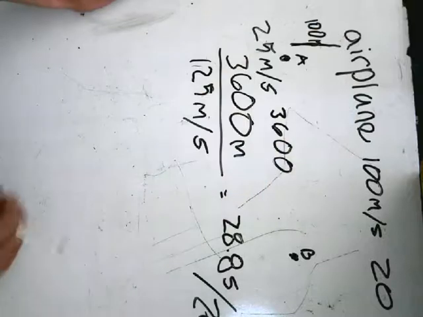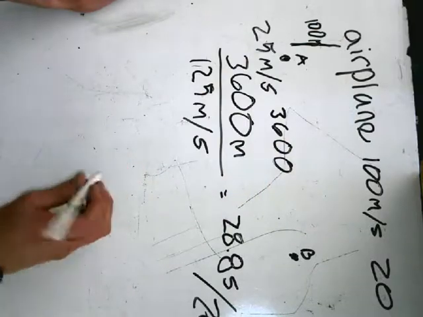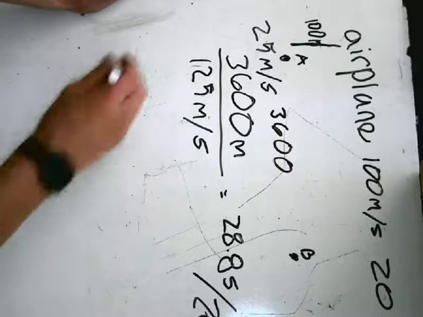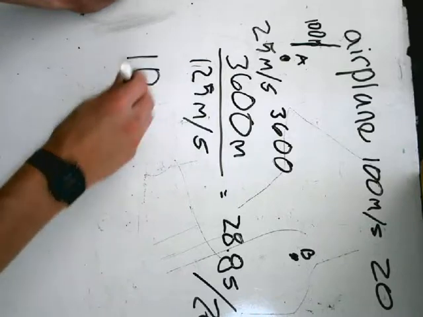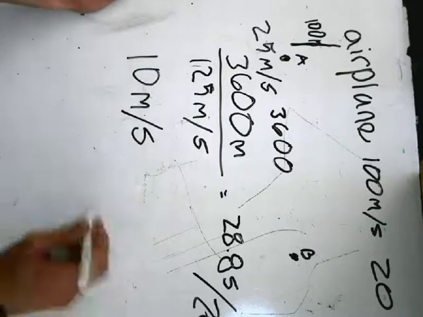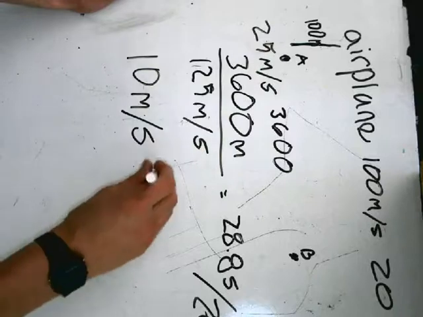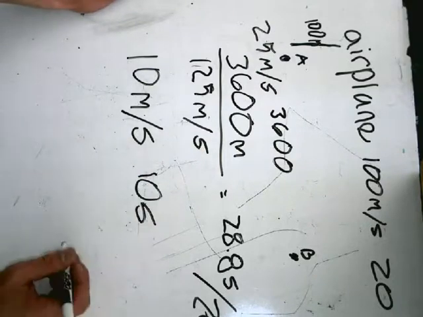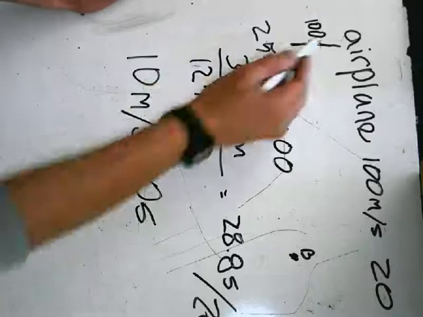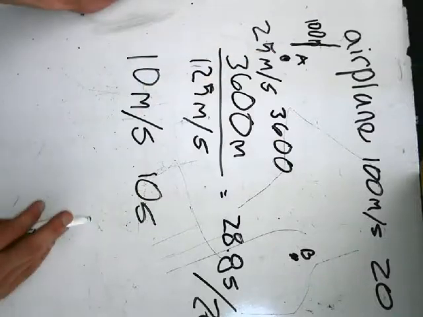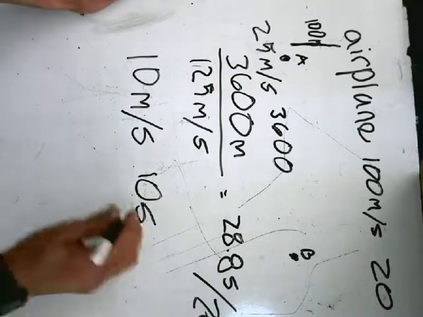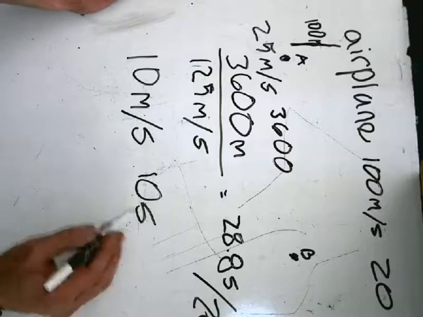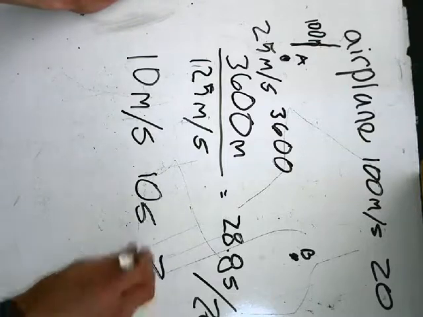Can multiply the 10-second parachute ride times 25 meters per second. So they're going to be moving 250 meters towards their drop zone.